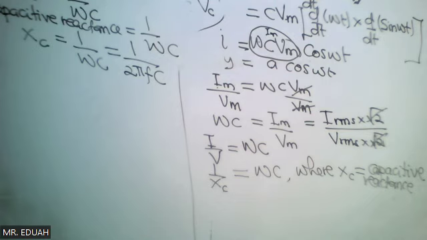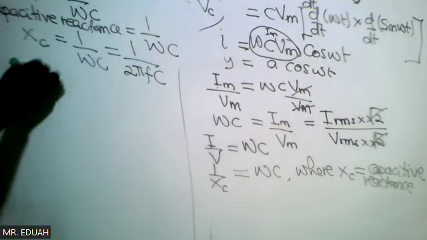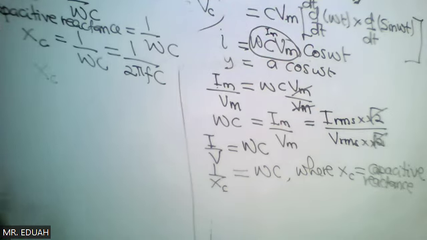Then the capacitive reactance is the opposition to the flow of current by a capacitor, and it is equal to 1 over omega C, where omega is the angular velocity or angular speed, and C is the capacitance of the capacitor. So please be defining your terms.